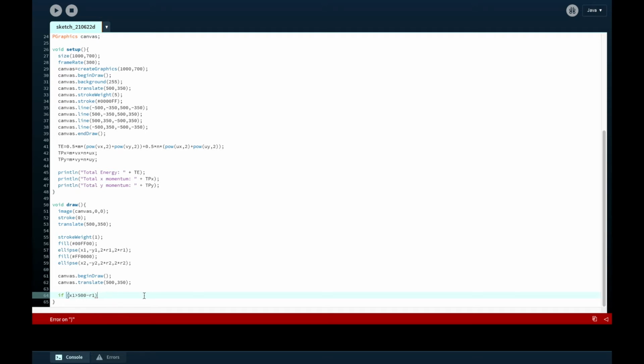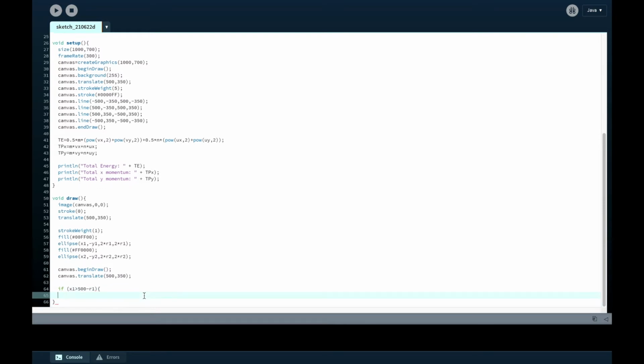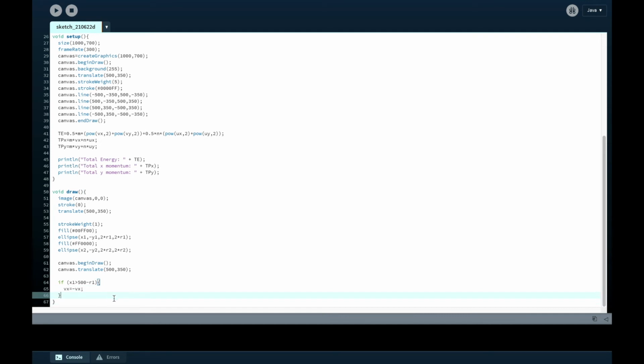You see why I did 500 minus r1, because when the edge of the object touches the wall, its direction has to change. So if x1 is bigger than 500 minus r1, we say vx becomes minus vx. So basically its direction in the x component changes.